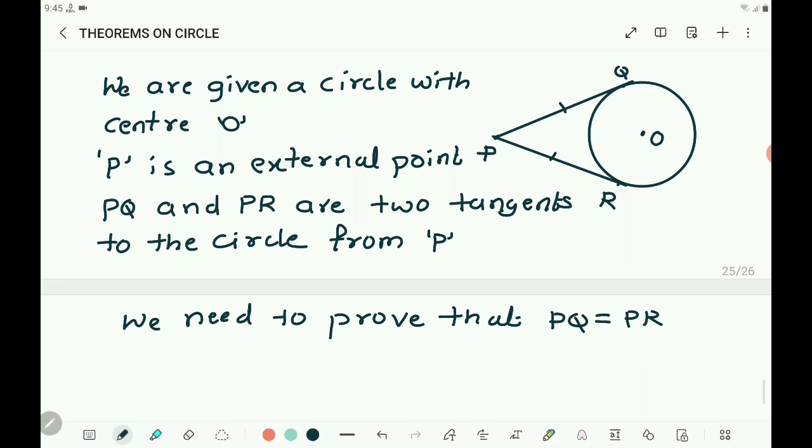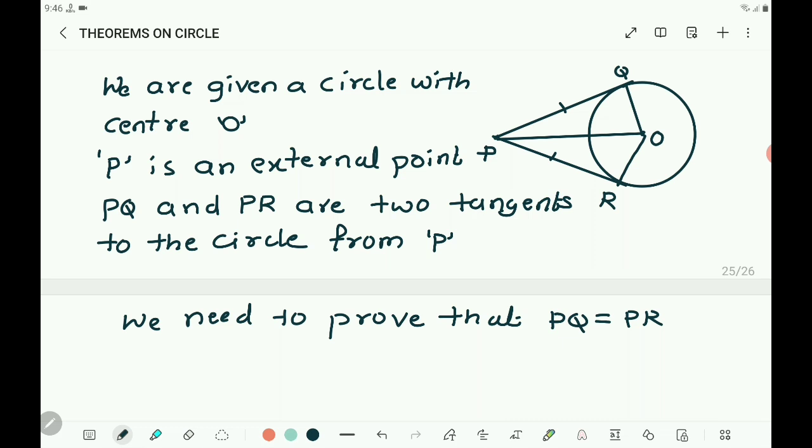So to prove this PQ equals PR, you have to take the congruency of triangles. So we need two triangles. To have two triangles, we have to join OP, OQ and OR.